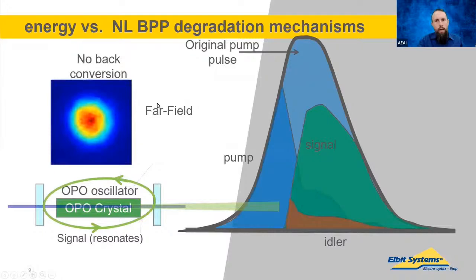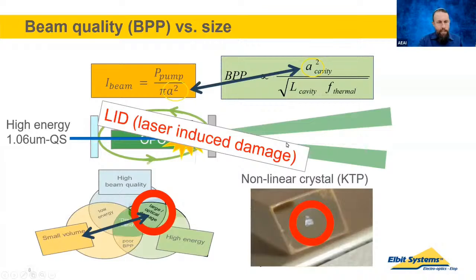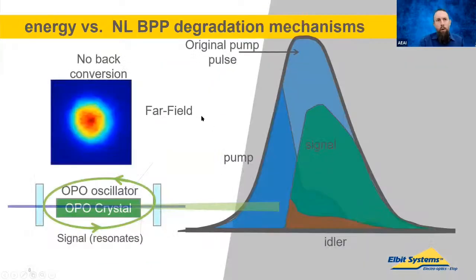So this is something which is classical to all oscillators, but in the case of an OPO, of a nonlinear eye-safe converter, we're going to have even more problems, because in a regular oscillation process of a nonlinear converter, what we see is that the pump pulse, this is time, this is pump pulse. What we see is that in some delay, we're going to get a signal, which is the eye-safe desirable signal, and also an idler.